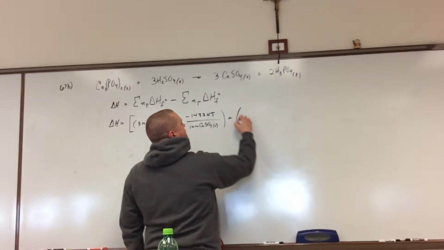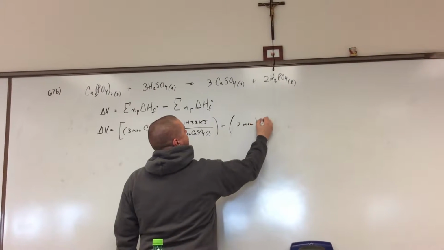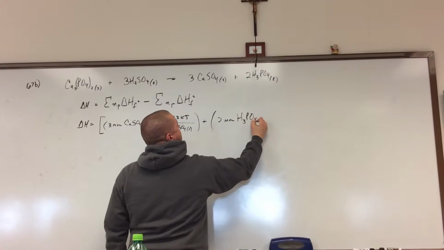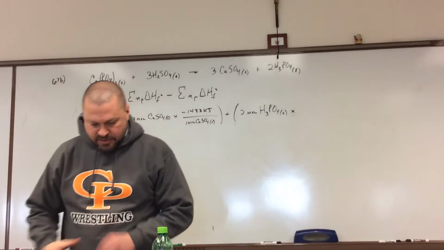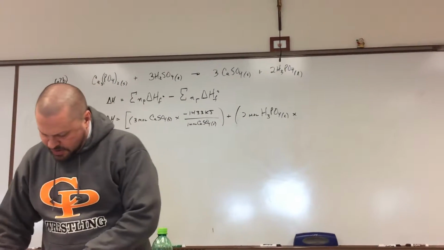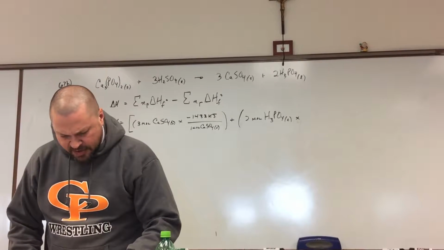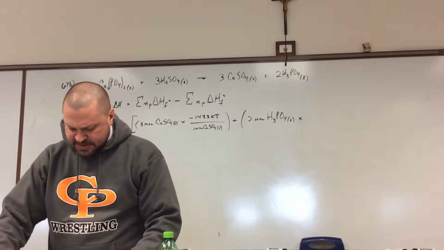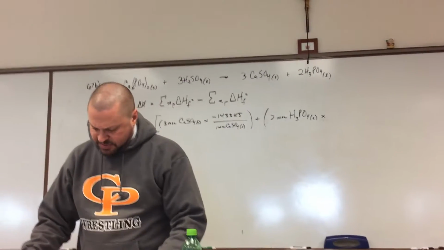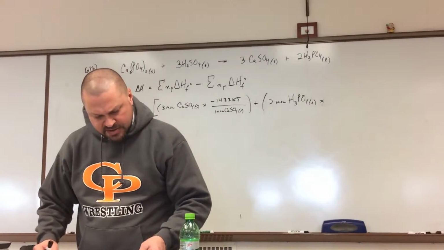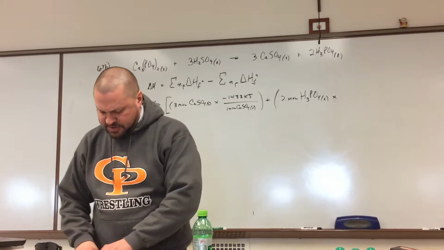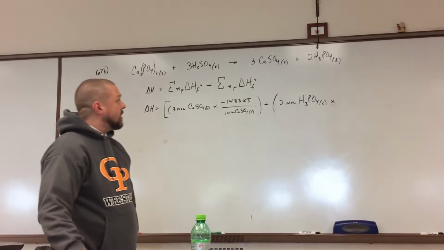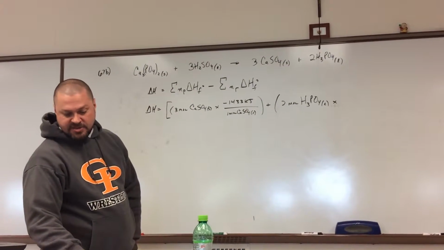My second term is going to be 2 moles of H3PO4 liquid times. Now, when you go to look for your H3PO4, you might have to hunt around a little bit. But a lot of times these acids are listed closer to the second part, so I might look where the P's are. Because some of these are just in a logical order and some not so much. Okay, so I just find H3PO4 on the bottom half of page 821.